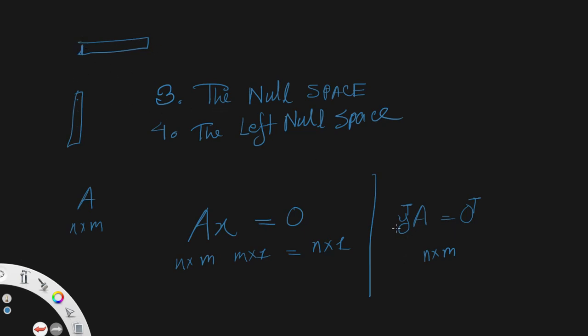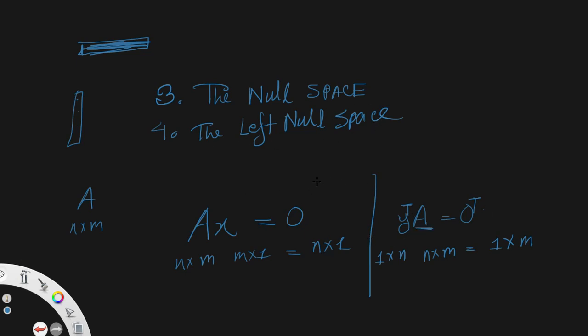So this is not m into 1 or n into 1, this is 1 into n, right? So this vector looks something like this on its side, equal to, which gives me 1 into m. This is another row vector, a very fat, very short vector. Anyway, all such vectors y that satisfy this equation are called the left null space of the matrix A.